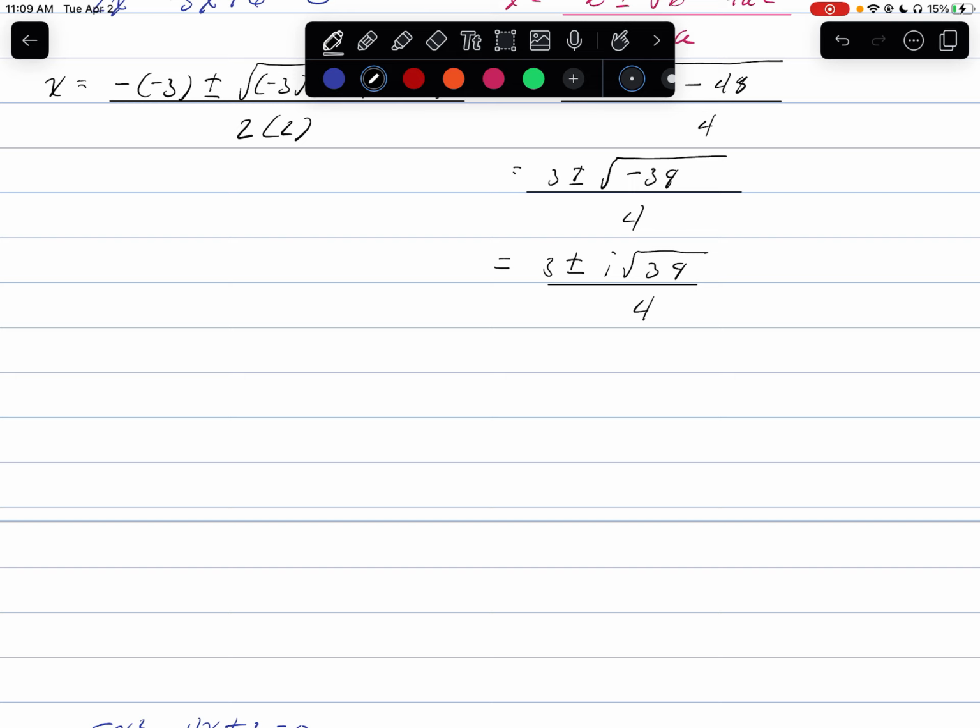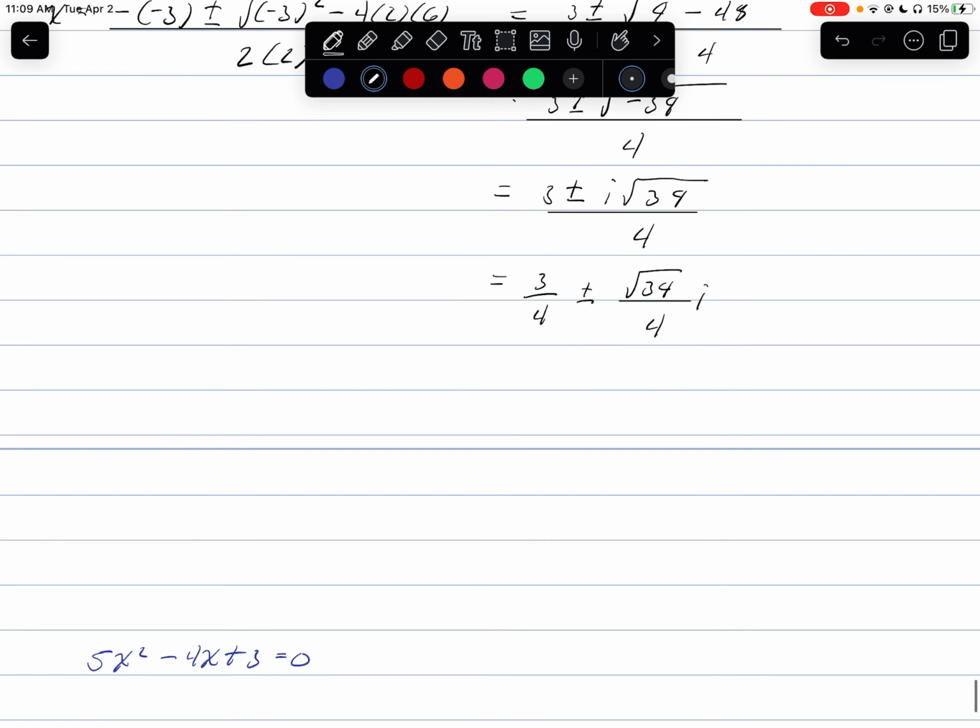And if we remember back to how we structure complex numbers, we have a real part and we have an imaginary part. So we can separate this into 3 over 4 plus or minus the square root of 39 over 4 times i.